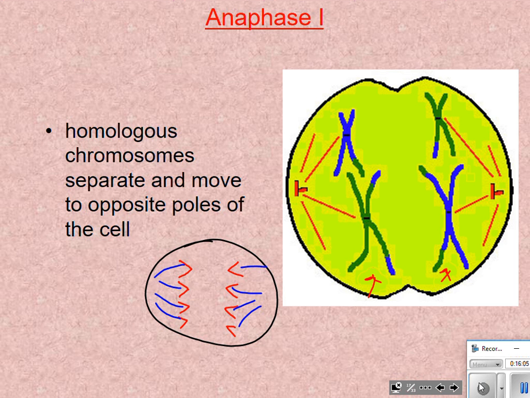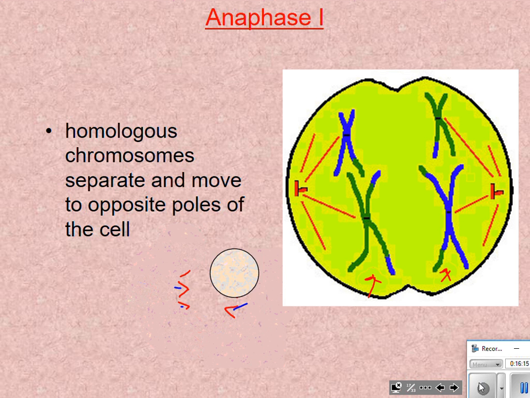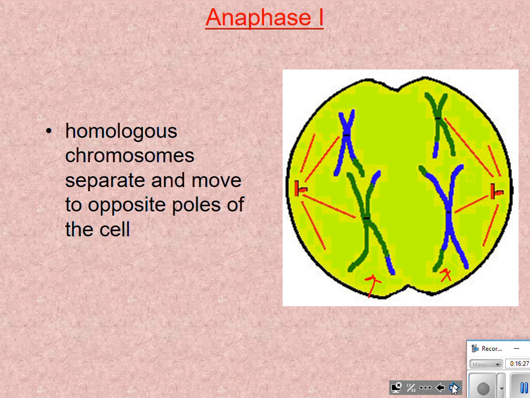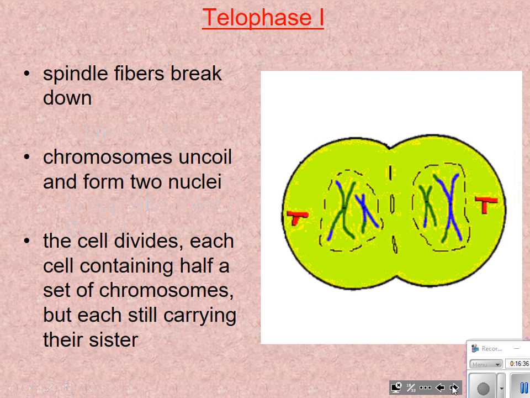So once again, the homologous chromosomes are separated in anaphase 1, okay? Not the specific sister chromatid. The homologous chromosomes. The final stage of meiosis 1 is going to be what? What's the T? Telophase. Telophase 1, and here we go.